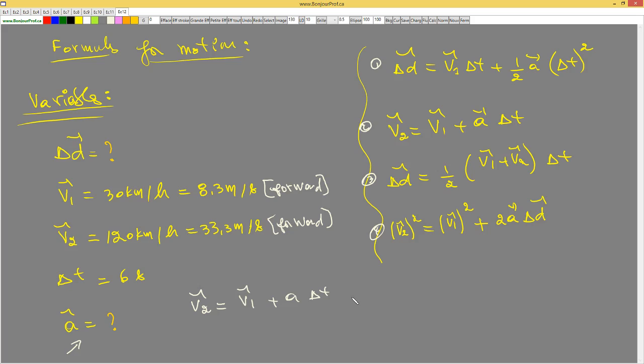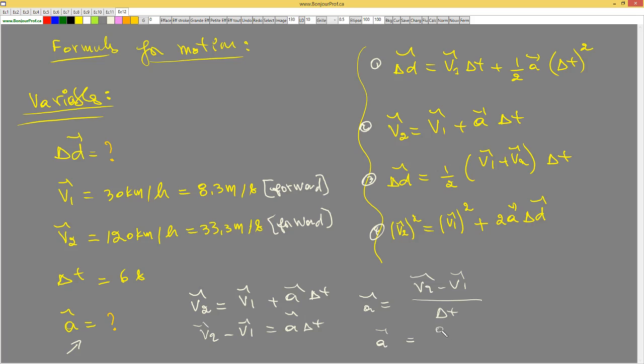So you can solve for A. Here you can put V2 minus V1 equal A delta T, and you have A equal V2 minus V1 divided by delta T. Or you plug in the numbers. You have to put the units. You don't have to put the direction, it is forward, because it will be too much writing.